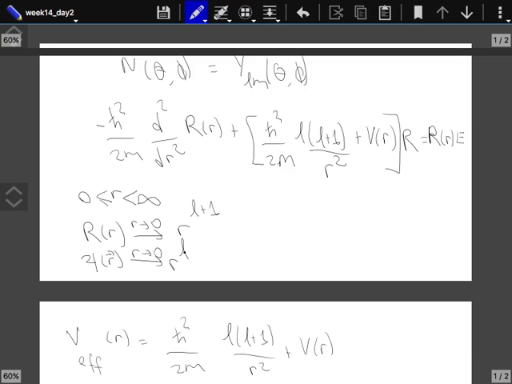Whatever the potential is, as long as it doesn't diverge faster than 1 over r squared, this is how our wave function behaves. And this also tells us that the wave function at the origin should be 0, unless we are talking about l equal to 0, which is called the S wave. So that is how this centrifugal barrier affects the wave functions.